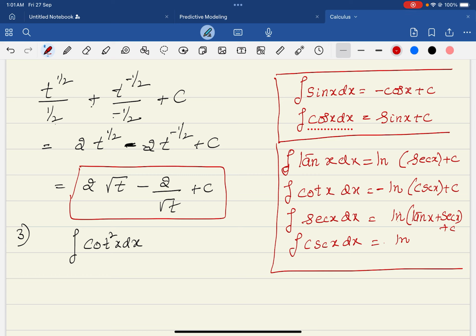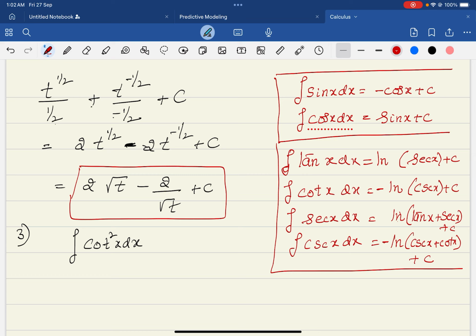And for cosecant it is minus ln of cosecant x plus cot x plus the constant. It is easy to remember, right?